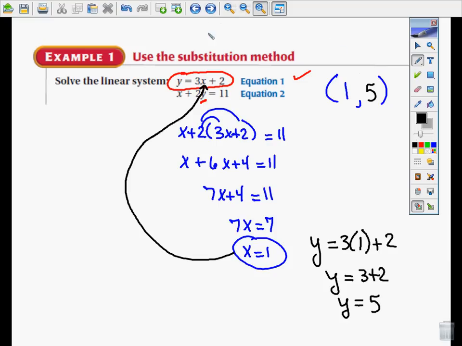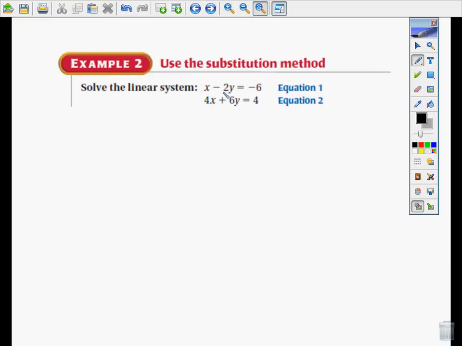Now let's see what happens if step 1 isn't already done for us. So here we have x minus 2y equals negative 6 and 4x plus 6y equals 4. Remember, on step 1 it said it's easiest if you can try to find a variable with a coefficient of 1. And I find that right here.